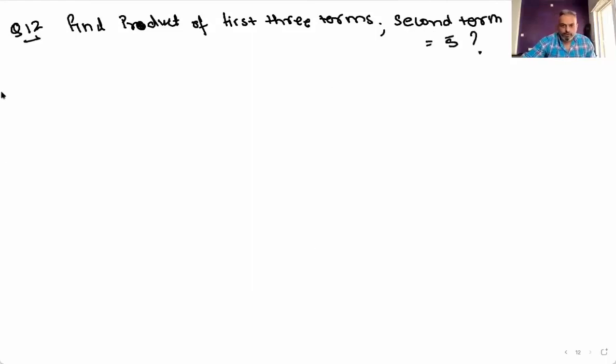Now how to do this? Now second term, so T2 is equal to 5. Therefore A into R is equal to 5.